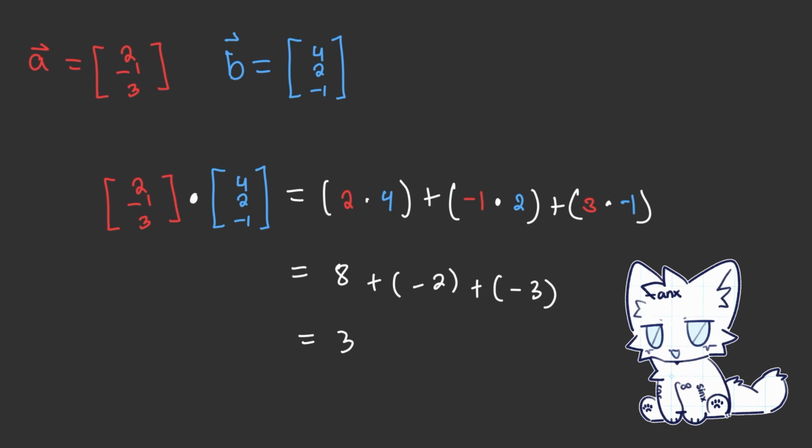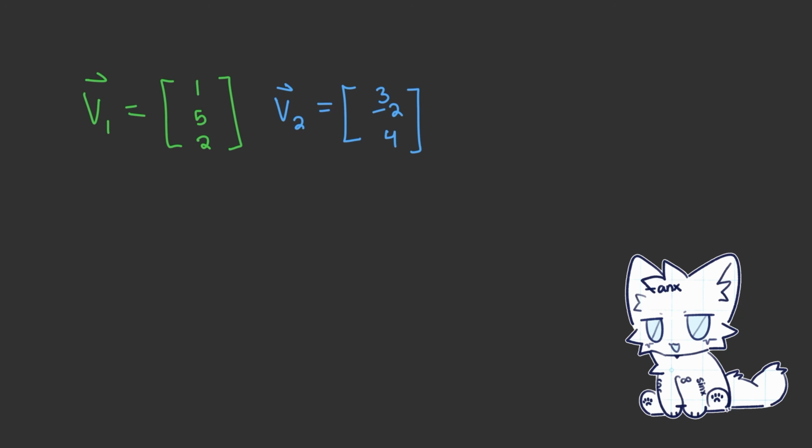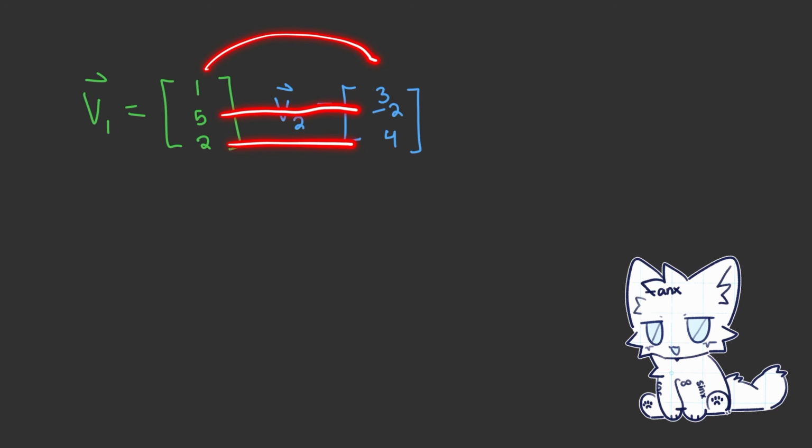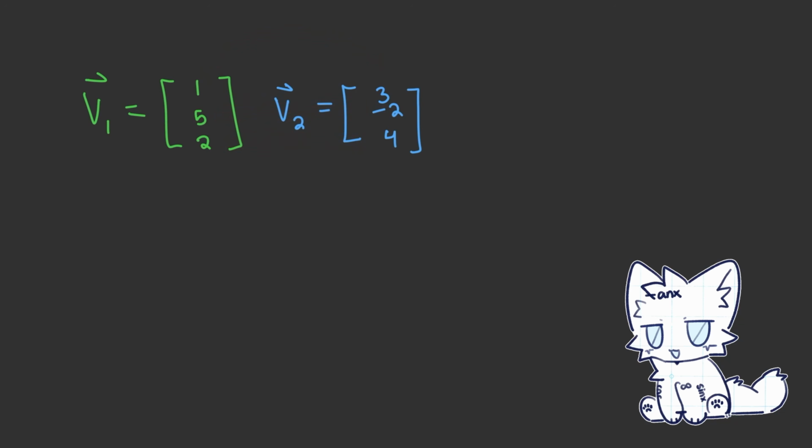Let's try another problem. Let's define vector 1, 1, 5, 2, and define vector 2. Okay. Now let's simply multiply the elements that are in the same row. This is basically multiplying across.